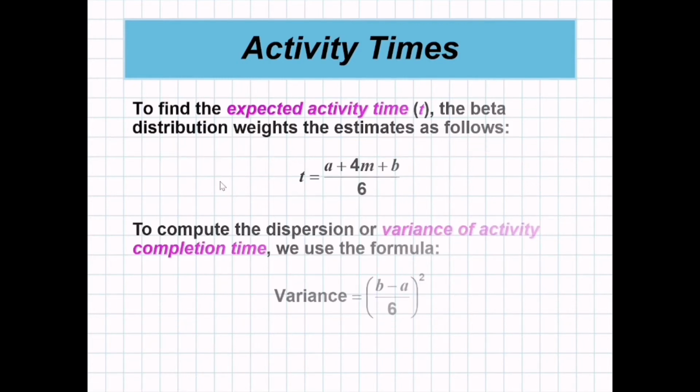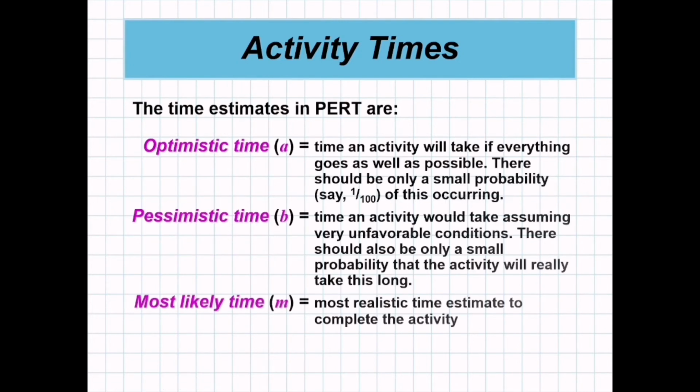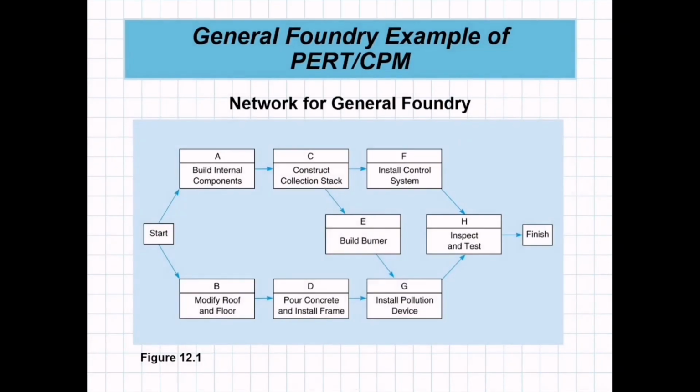So when we go back to our network, take note that we can simultaneously do some of the activities. We can do activity A and B together, and C and D together, and we can do activity F and G together. So it is not necessary that you finish A to proceed with B, because you can do A and B together.